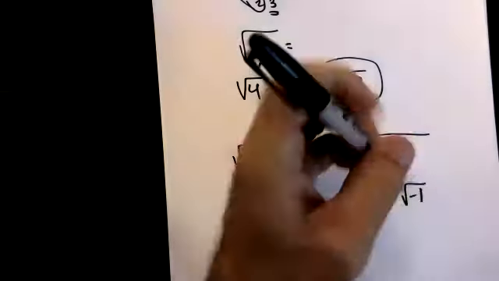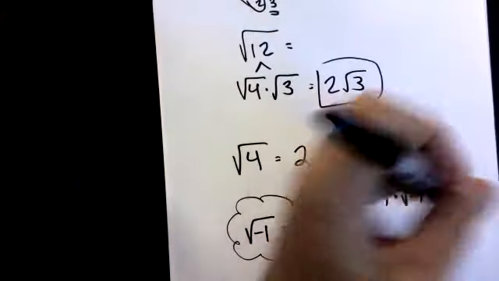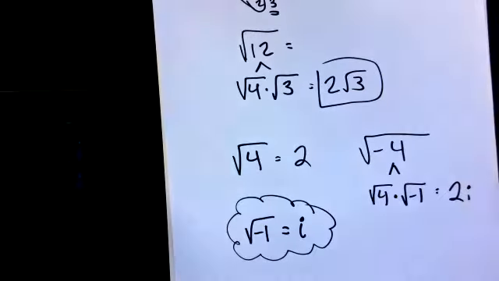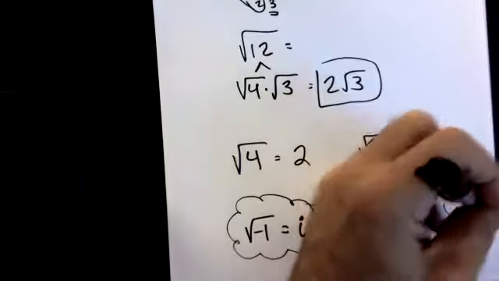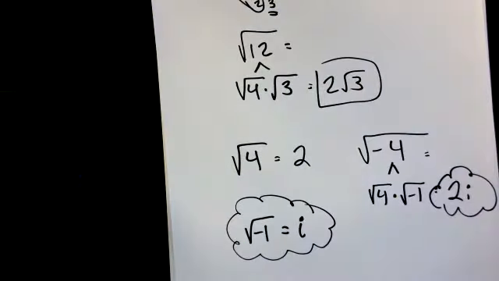The square root of 4 is still 2, and that square root of -1 is I. So now we can simplify the square root of negative numbers, and we can get these imaginary numbers. That's some of the first things they're going to expect you to be able to do.